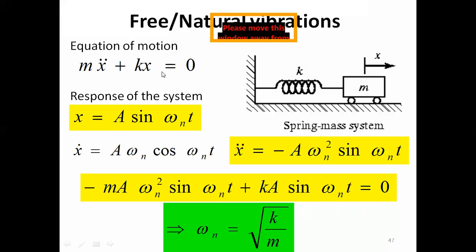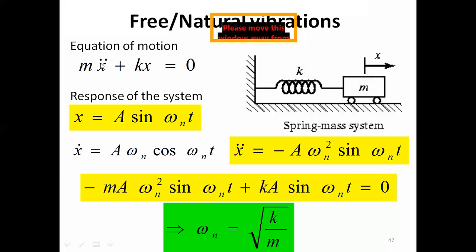The derivation of this equation will come in the next slide, so you have to wait for that. But you can see the terms in the equation. x is the displacement. k is the stiffness of the spring constant. kx is the spring force.